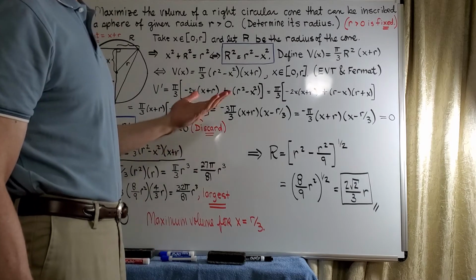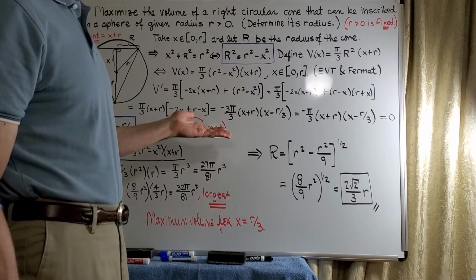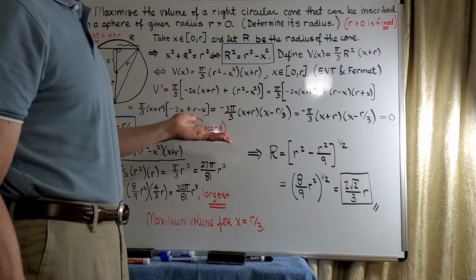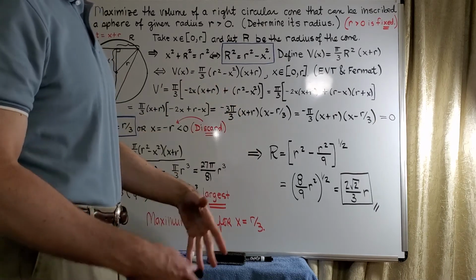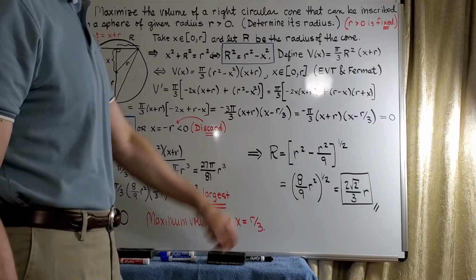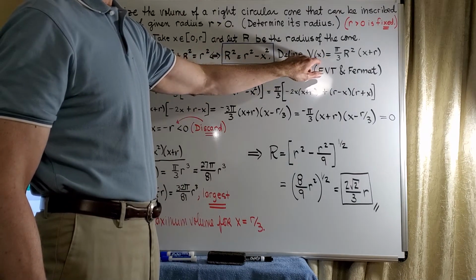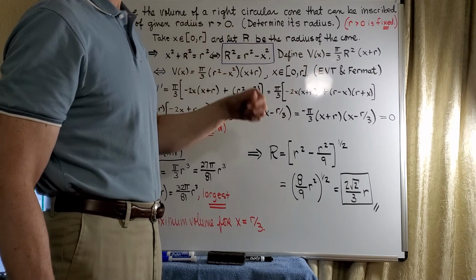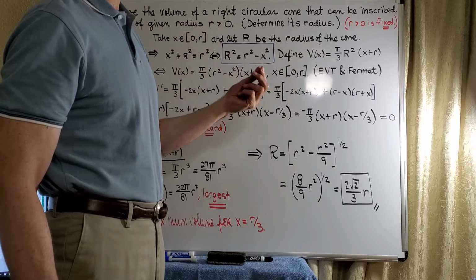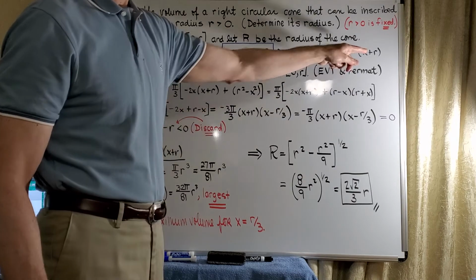And now, of course, in a Calculus 1 problem, you will use a fact from geometry that we won't be able to rigorously prove until we get to Calculus 2, but we're going to define V, the volume of the right circular cone, as a function of x. So we know that's actually pi over 3 times the square of the radius of the cone times its height.